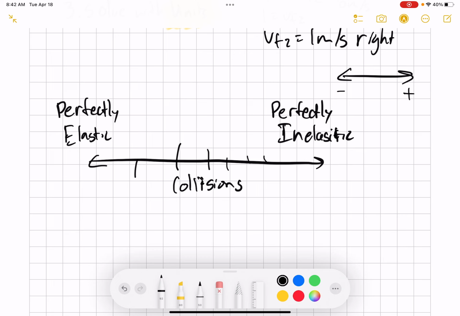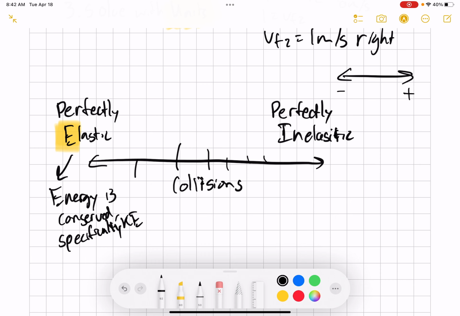So perfectly elastic, I remember by saying E, that goes with energy. So energy is conserved, specifically KE. Kinetic energy will be conserved.